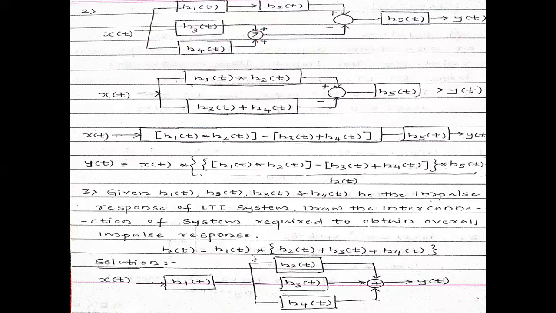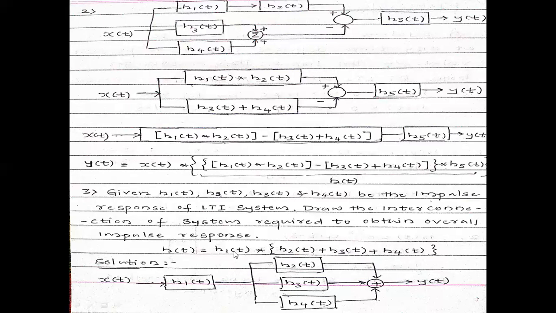Means you see inside the flower bracket it is a sum of three impulse responses. That means these systems are connected in parallel, and these systems are again connected in series with the first system of response h1 of t.